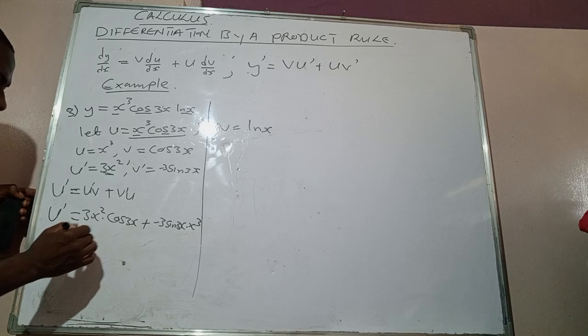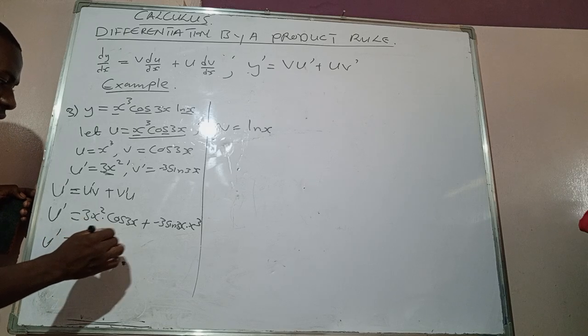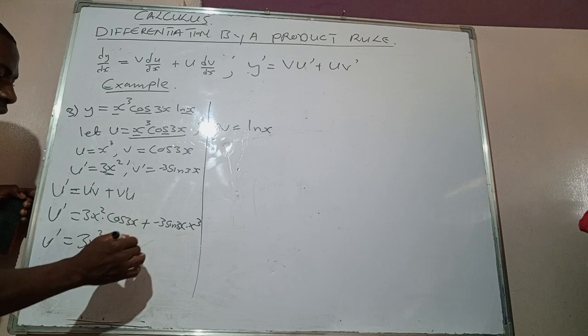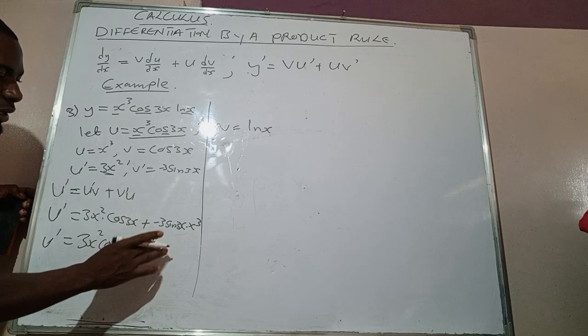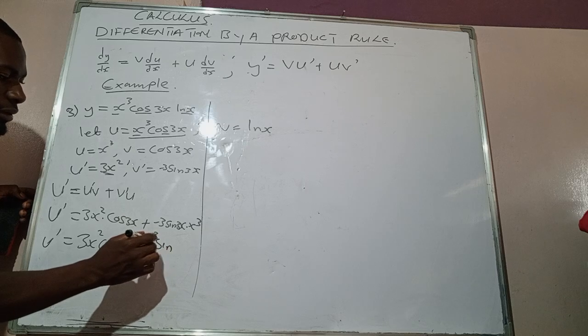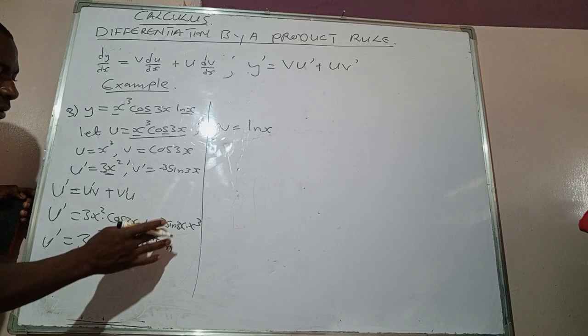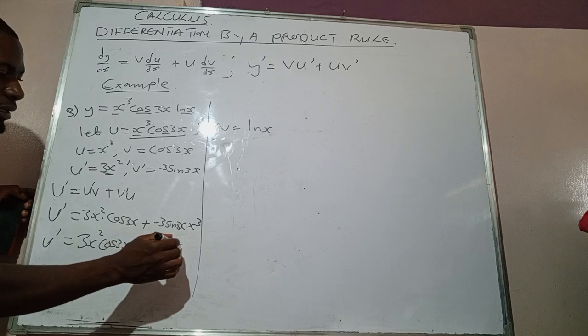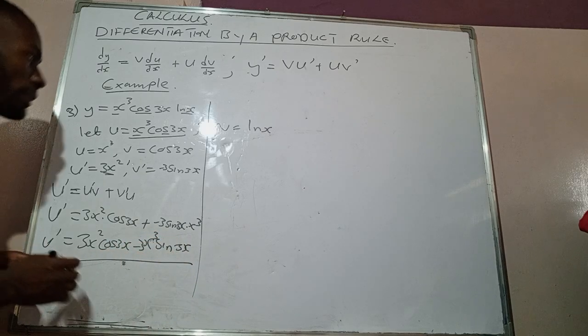So u prime is equal to 3x squared cos 3x minus 3x to the power 3 sin 3x. So this is our u prime.